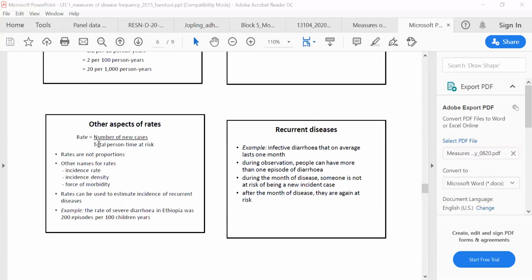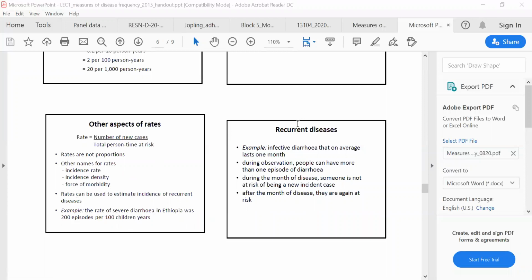These are the number of cases, and what we have below is time. So it cannot be a proportion because in the numerator and denominator we have apples and oranges. What are the names which are used for rates? They can be called incidence rates, incidence density, or force of morbidity. These are the words which are used.